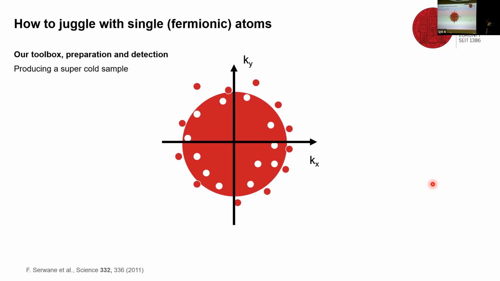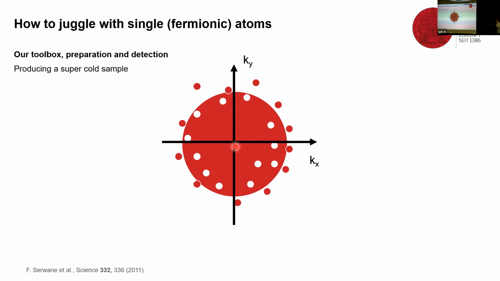So first of all, I give a very short note on how we've been preparing individual atoms in a very controlled setting, basically in a discrete quantum state. How this works is we are using fermions, and if you take a Fermi-degenerate gas, as has been the subject of many of the talks in this conference already, then if I look in momentum space, in the center of the Fermi sphere there's basically unity occupation of every possible cell in phase space, but excitations live at the edge of the Fermi sphere.